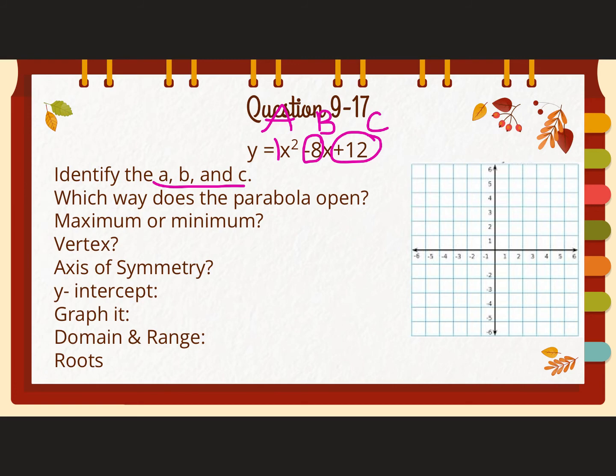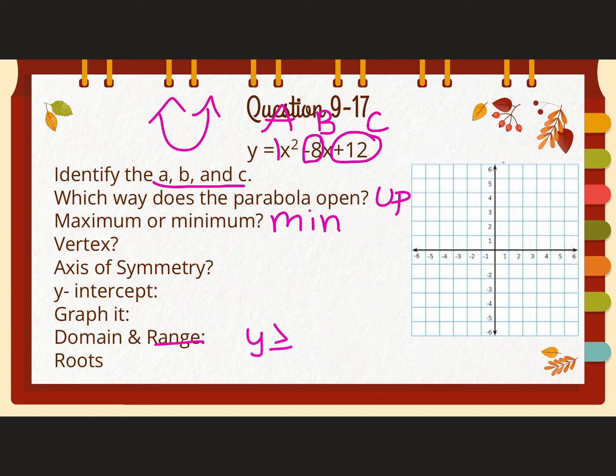Knowing that our A value is positive, we know that it's going to open up, meaning it has a minimum. And we can go all the way down to the range and talk about, because it is a minimum, we know it's going to be this part right here. Once we find our vertex, which is what we're about to do next, the y value of our vertex will be the same number.